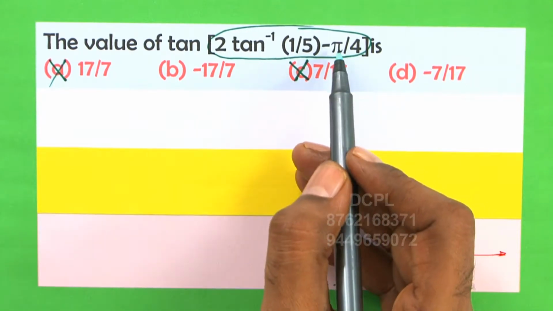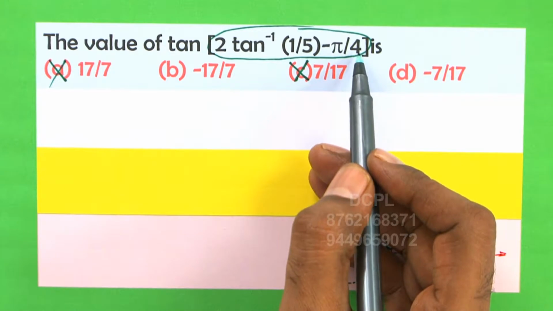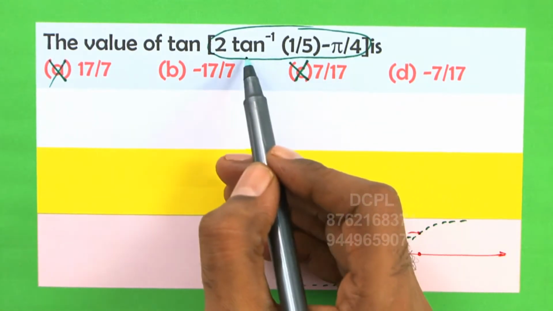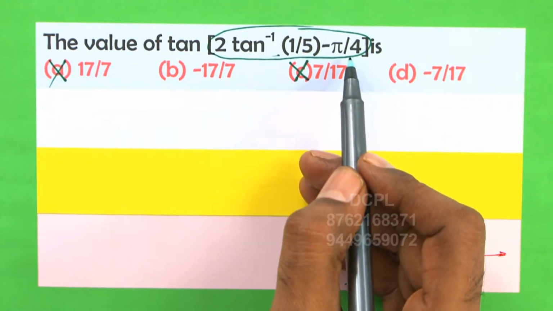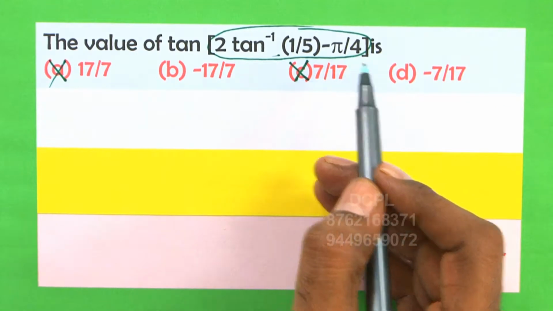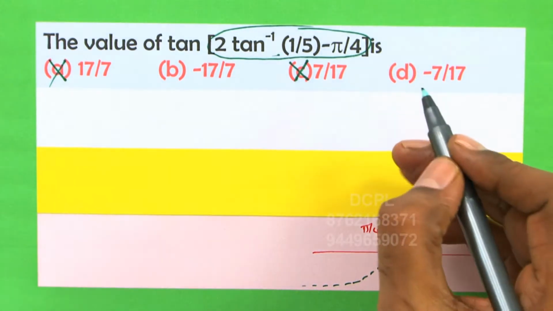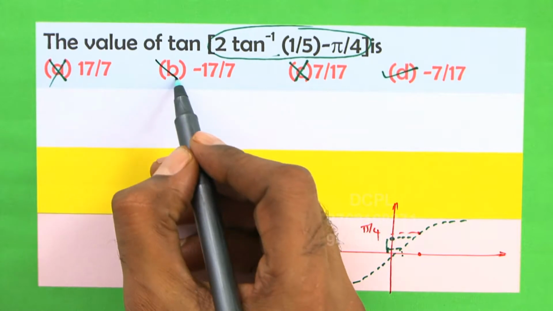Pi by 4 is a number slightly less than 1. Pi is 3.14. 3.14 by 4 you can call it as 0.8. This is 0.4 approximately, minus 0.8 should give us minus 0.4. Tan of minus 0.4 is a number which is definitely negative and less than 1. That clearly says option D is correct and B is ruled out.